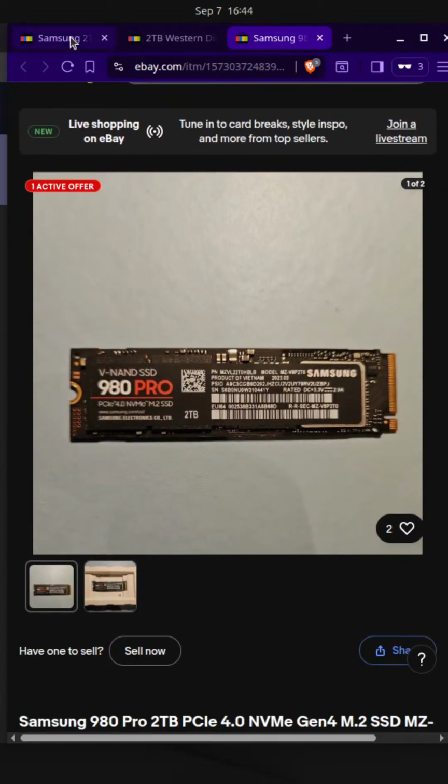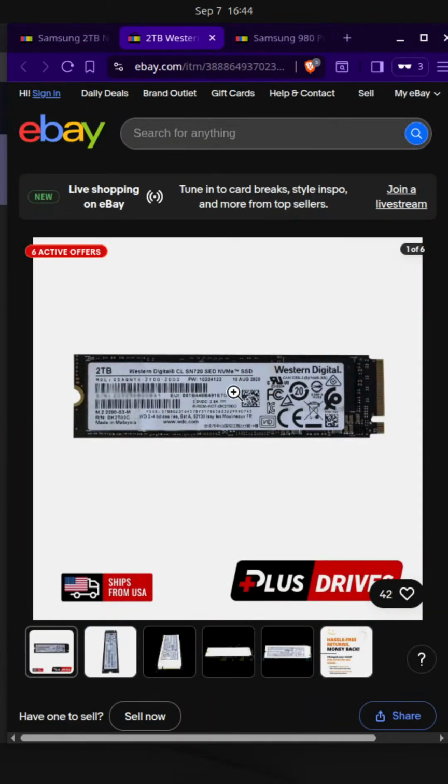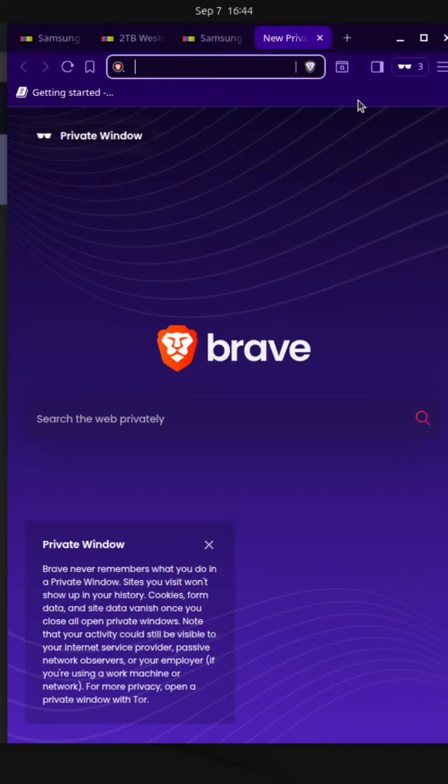So what's the difference between these two? Let's look at specs, since there's no SSD compare.